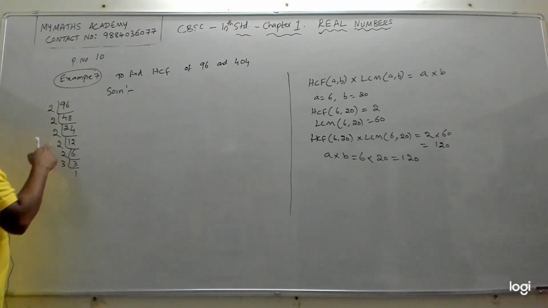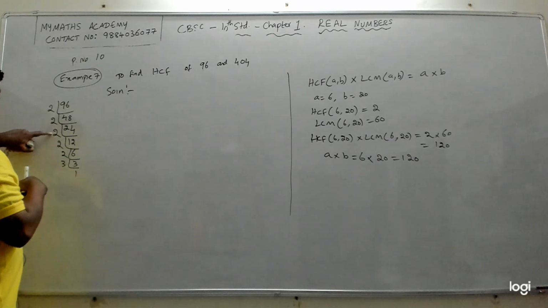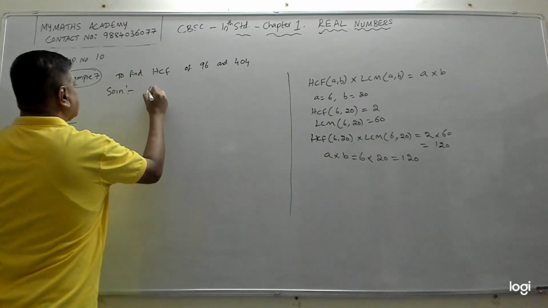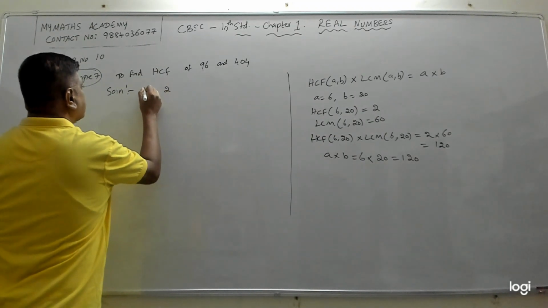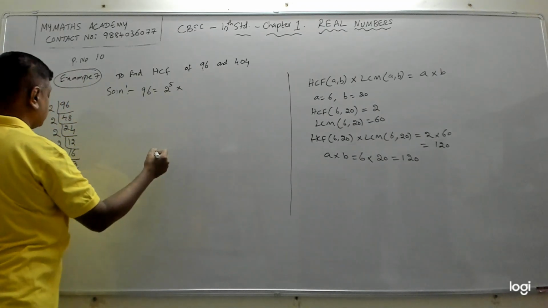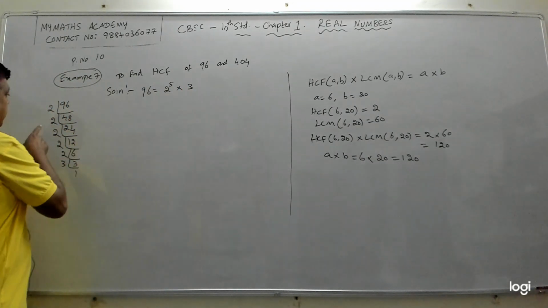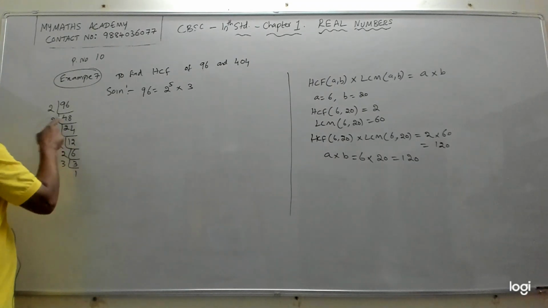So I can write my 96 as, 1, 2, 3, 4, 5, 2 power 5 into 3. How did I get 1, 2, 3, 4, 5 twos? That is 2 power 5.